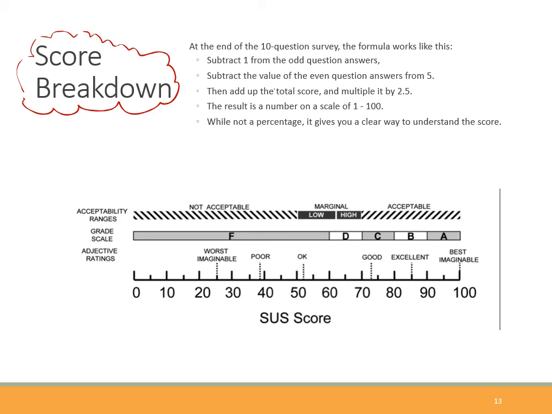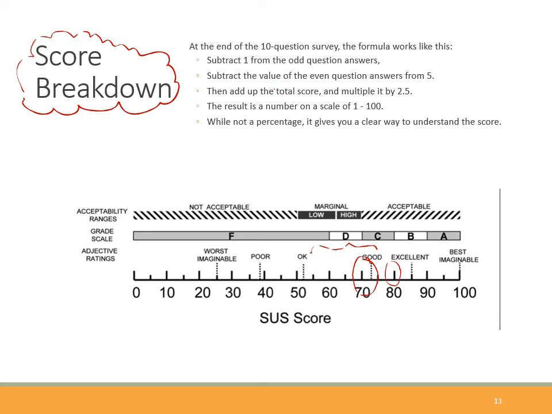If the overall score that we achieve is, for example, around 70, that means the system is between okay and good, but closer to good. But if we achieve 80, for example, it means that our system is between good and excellent.